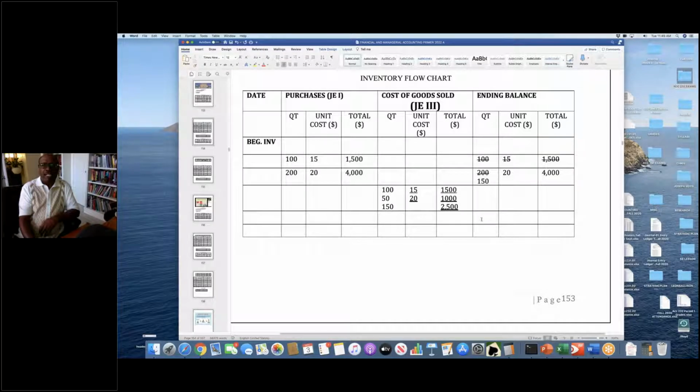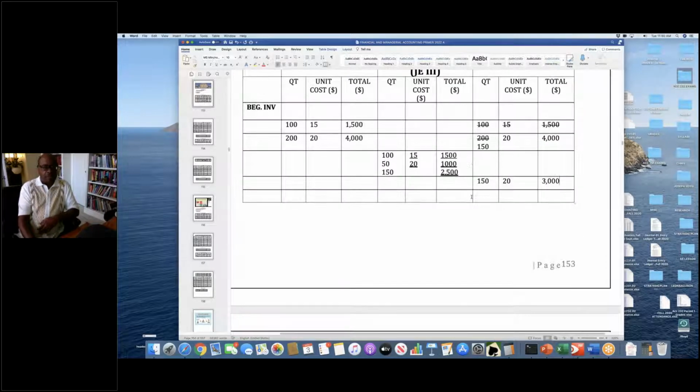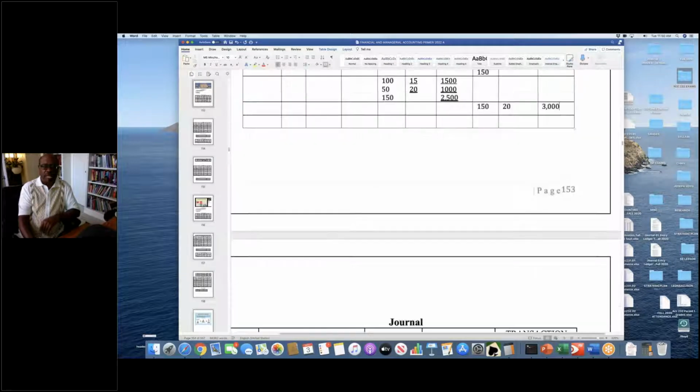Now, how many shoes we got left now to sell? Your boss says, how many shoes we got? 150. Got 150. How much did they cost? $20 each. So that's going to be what? $3,000. How much money did we make on the shoes? I'm not worried about operating expenses right now.